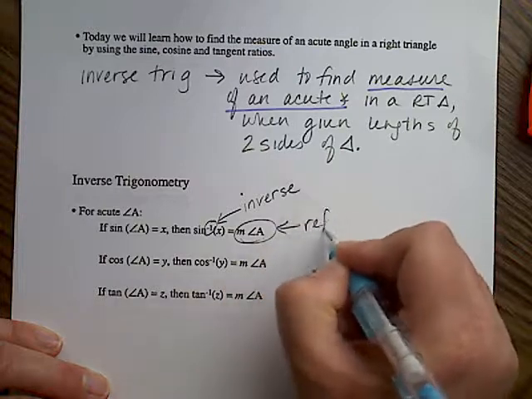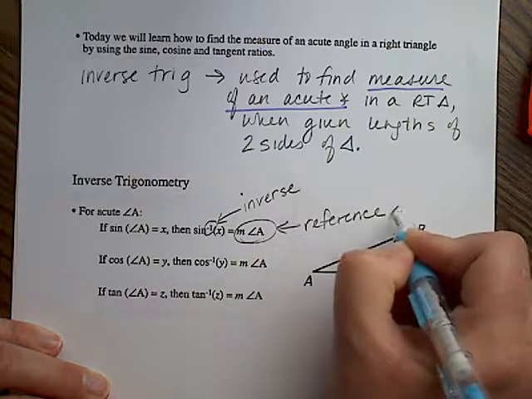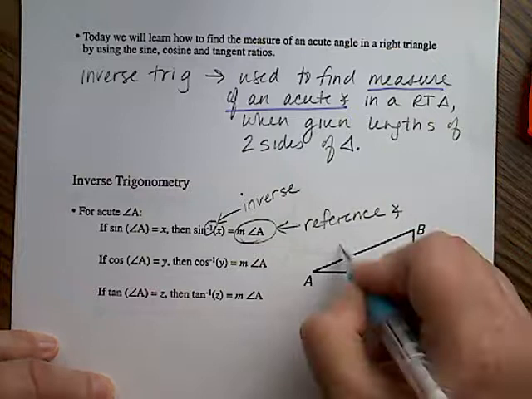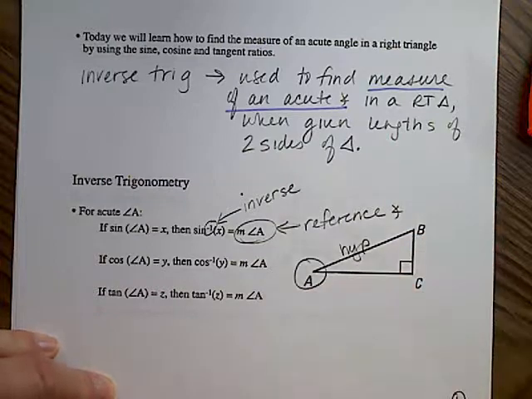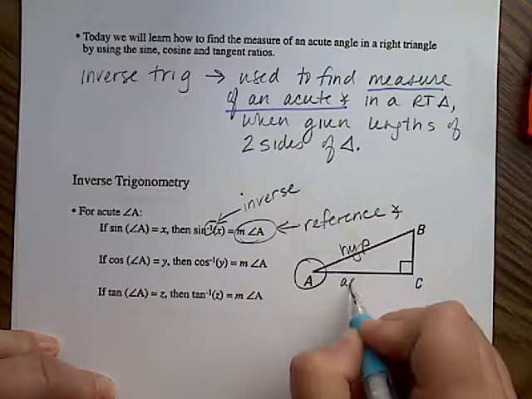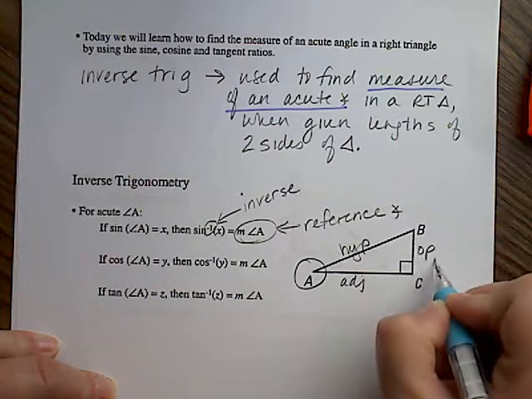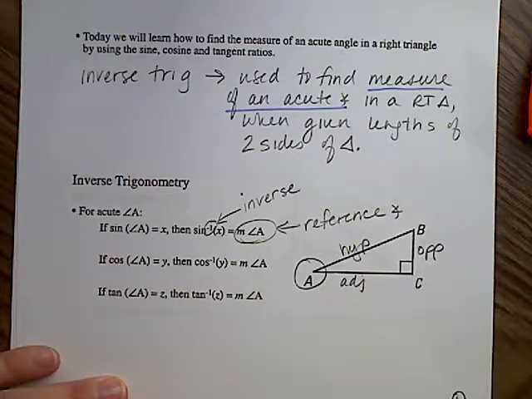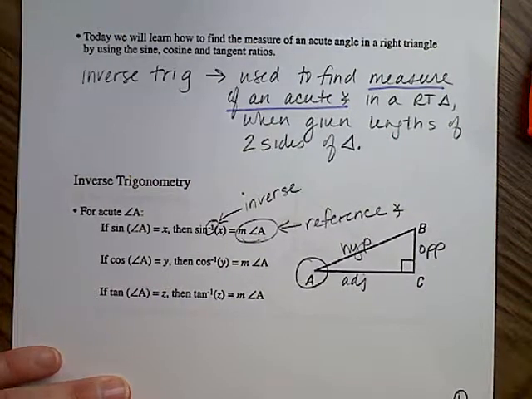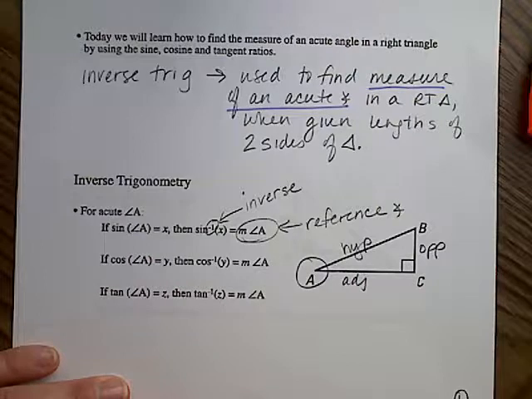I'm still going to need a reference angle, to identify the hypotenuse, the adjacent side, and the opposite side. But instead of saying the sine of 53 degrees equals x over 42, now we're going to say the sine inverse of x over 42 equals the measure of angle A.